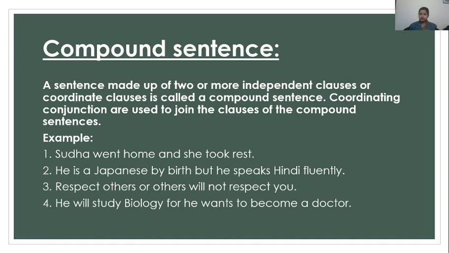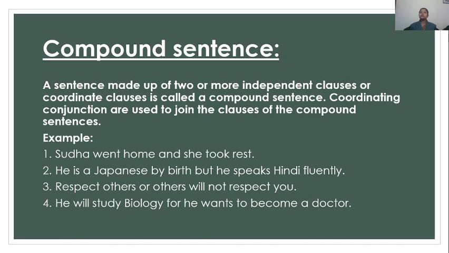Don't get confused. As a simple sentence has one subject and one finite verb, independent clauses also have one subject and one finite verb. But as they are independent, they are complete in their meaning. They don't need the help of any other clause to complete their meaning. So here we are talking about compound sentences.